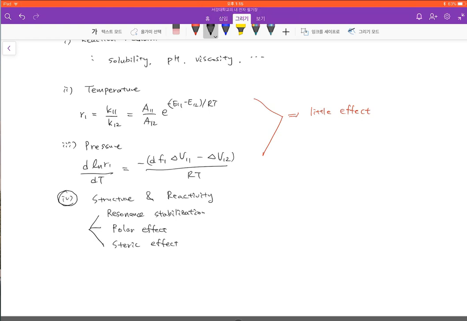These are the three major factors in terms of chemical structure and reactivity, which affect the overall free radical copolymerization reaction.